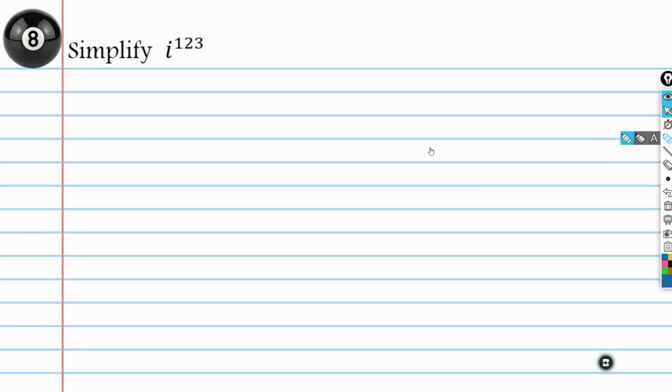My power is odd, so I need to take 123 and subtract 1 first, giving us 122. I'm going to divide that by 2, giving me 61. This answer is odd, so I'm going to have an i in my answer. I just need to decide if it's positive or negative. Because this is odd, it's going to be negative. So -i.